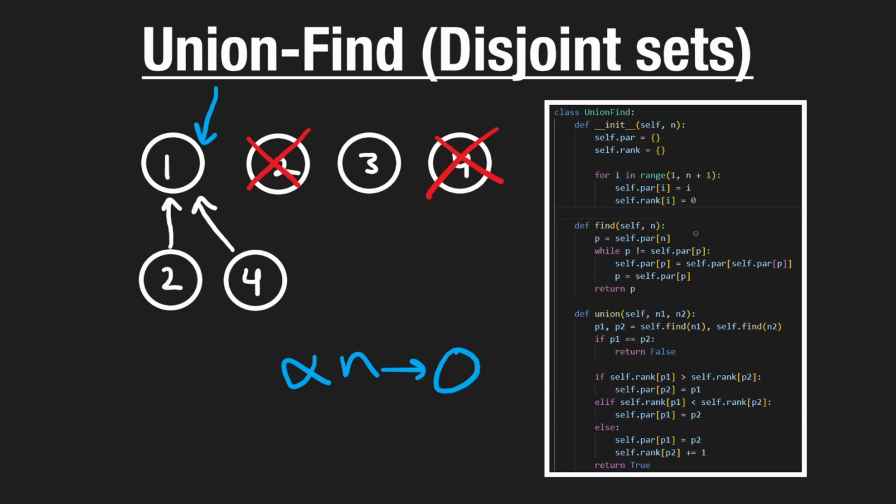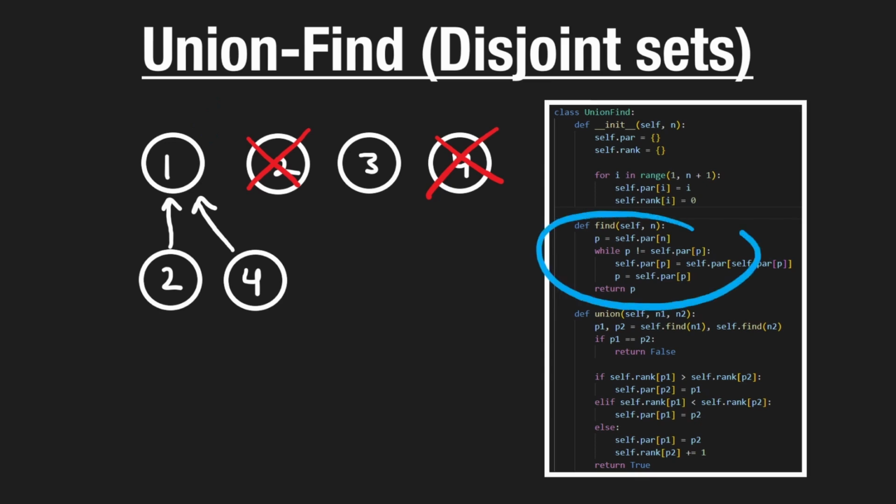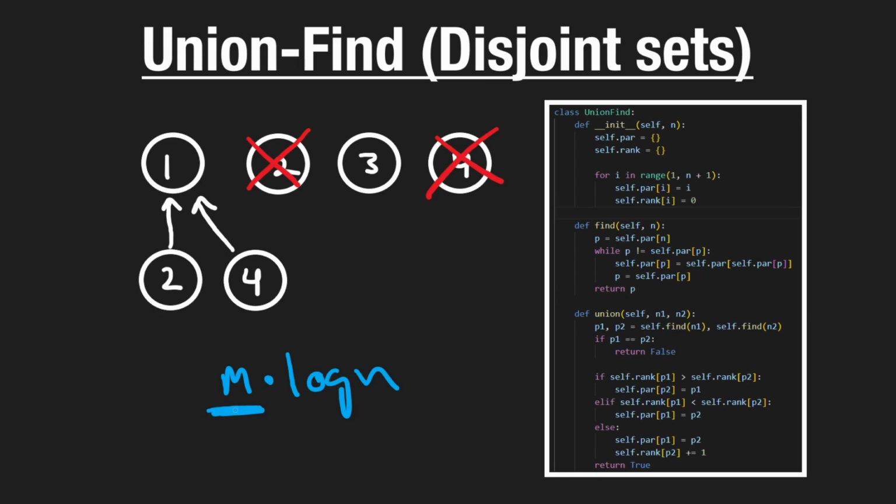But this find function is usually not going to be run a single time. It's going to be run a bunch of times, as we were doing right now. We're trying to connect graphs together. In our example, this would be run for the number of edges that we have. Let's say that is denoted by m. So, in general, the time complexity of union find, if we have this many edges, would be big O of m times log n.